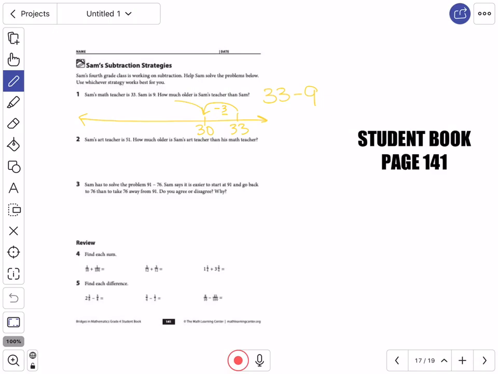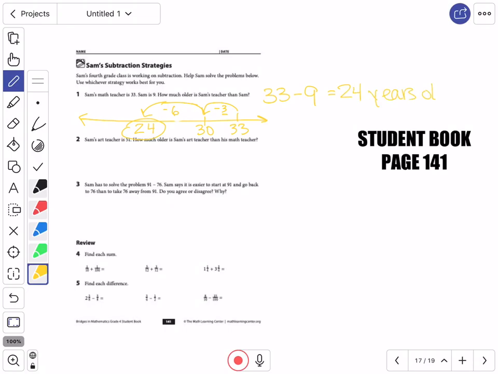And I need to go 6 more to take away that 9. Sorry, 6, I apologize. 6 more. I end up at 24, which tells me that 33 minus 9 equals 24 years old.